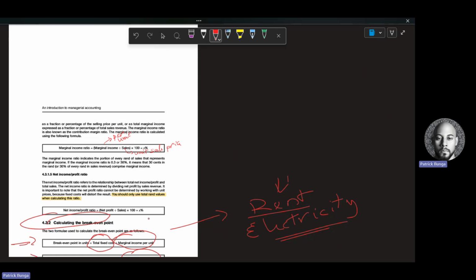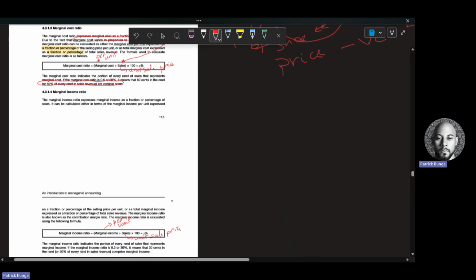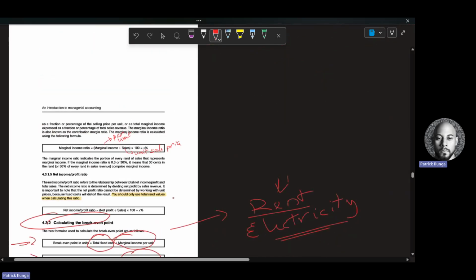The contract that you have with your landlord simply states how much you need to pay for rent. It's not conditional on whether you can do sales or not. These are things that need to be paid, the fixed cost. That's the reason why once we have covered the fixed cost, then we can look at the variable cost and the profits, because the fixed cost has been covered.